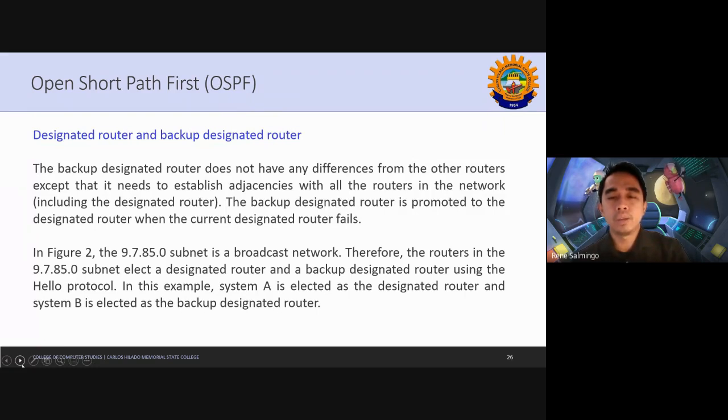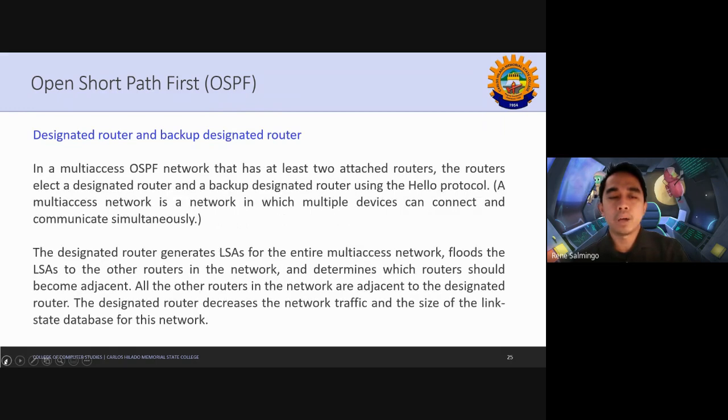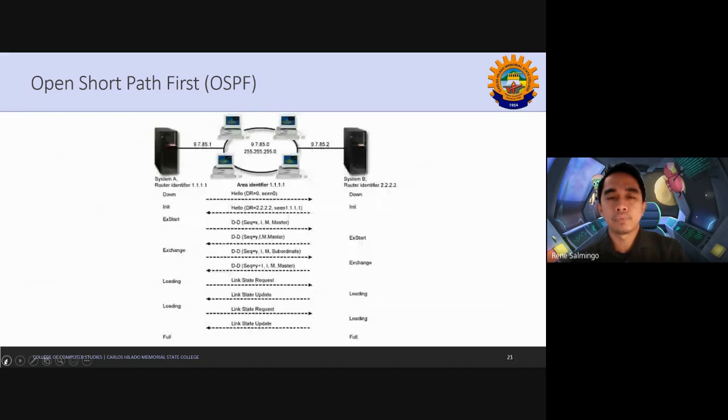So system A is designated as the designated router and system B as the backup designated router. So this is system A, your designated router, and system B is your backup designated router. So if this fails, you have another one who will take over the network congestion of system A.